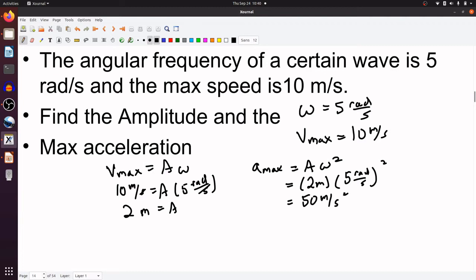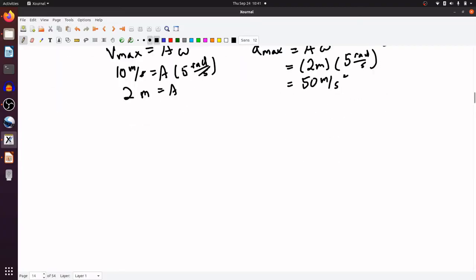So if we have an object going back and forth, we can use this information to get its maximum acceleration. Say you have some oscillator that can only withstand a certain amount of G's. You can use the maximum acceleration equation to calculate that. So it's got some handy uses.